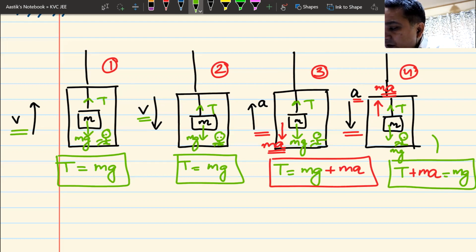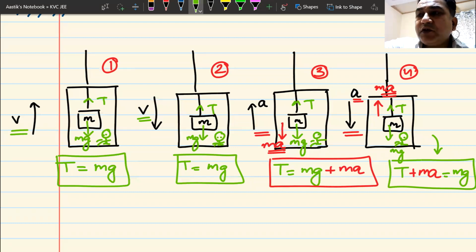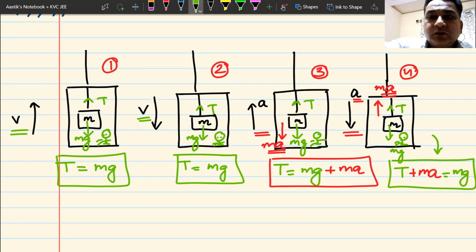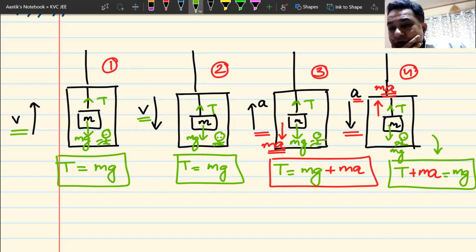That becomes my equation number 4. So this is how you write the equation from a non-inertial reference frame. You have to add pseudo forces, and the pseudo force must be opposite to the acceleration and the value is m multiplied by a. Do we all get this? Can I have some raised hands?